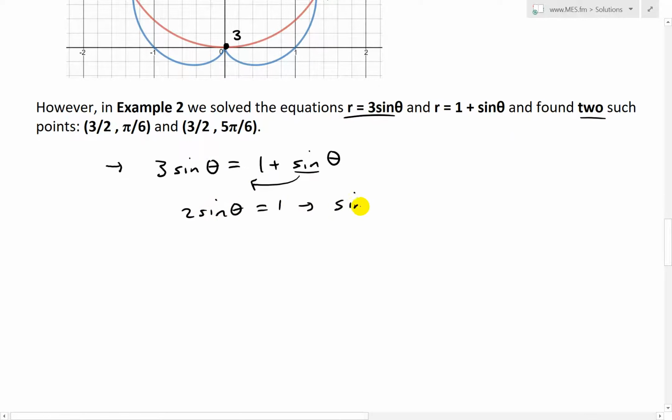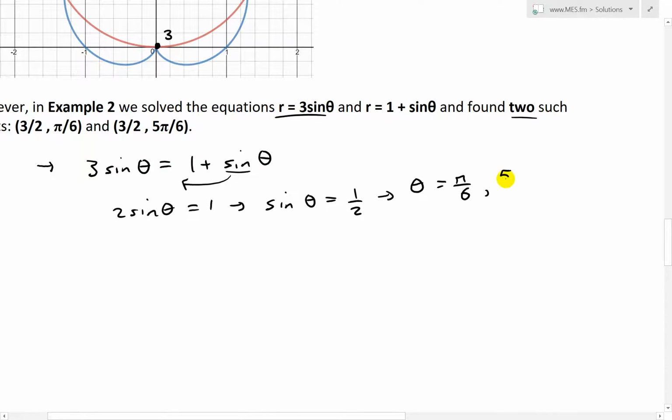In other words, sine theta equals 1/2, so theta equals pi over 6 as well as 5 pi over 6.